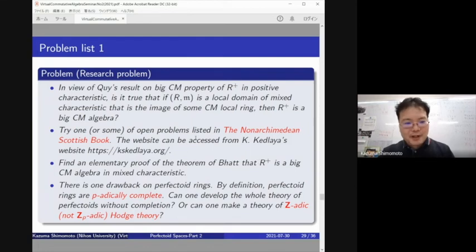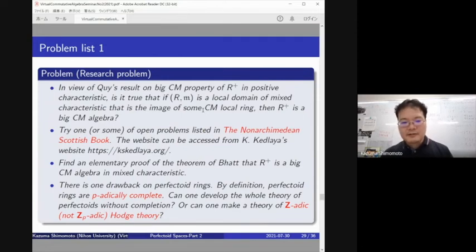The first problem is, in view of Hochster–Huneke's result on the big Cohen-Macaulay property of R plus in positive characteristic. He proved R plus is Cohen-Macaulay in positive characteristic under some extra assumption that R is a homomorphic image of some Cohen-Macaulay local ring. So can we prove an analog of this result in mixed characteristic?